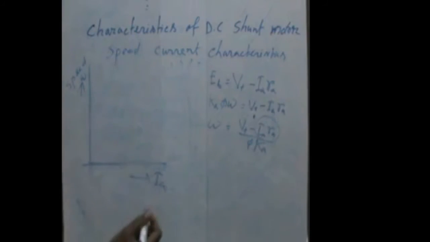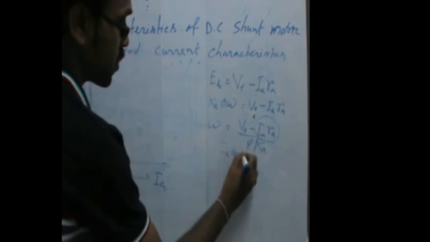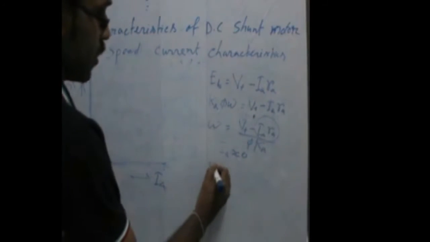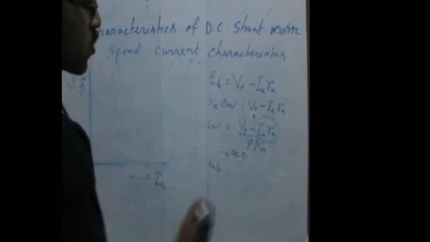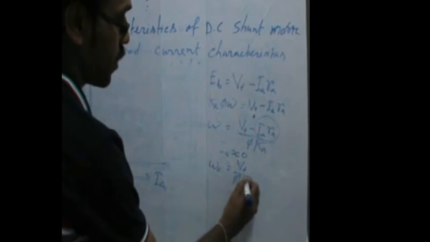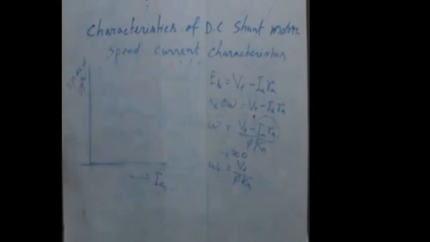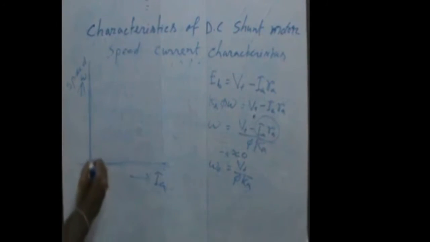So initially when Ia is approximately equal to 0, then the no load speed omega 0 is equal to Vt by Ka phi. That means the Ia Ra term is 0. So at no load our speed is omega 0, this one.